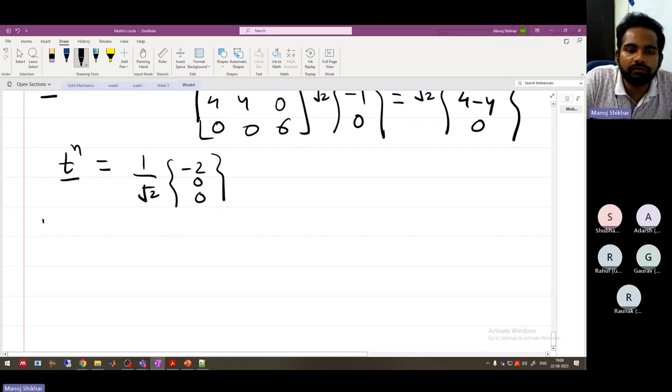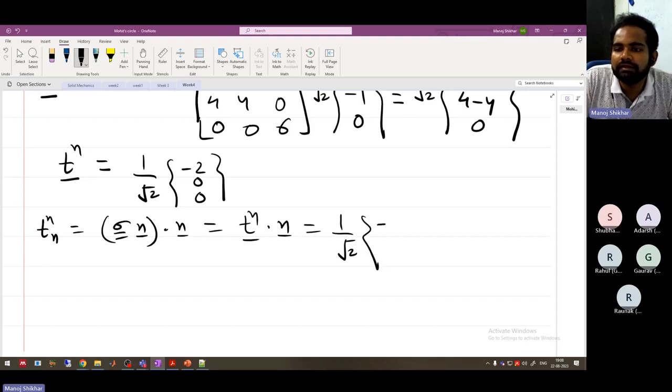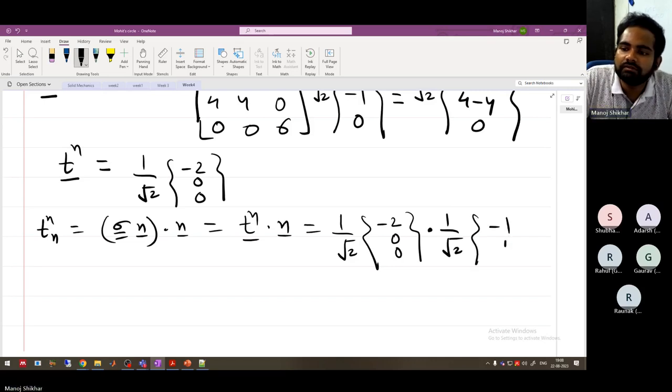Now the normal component of traction will be sigma n dot n, or Tn dot n. So 1 by root 2 (minus 2, 0, 0) dotted with 1 by root 2 (1, minus 1, 0).